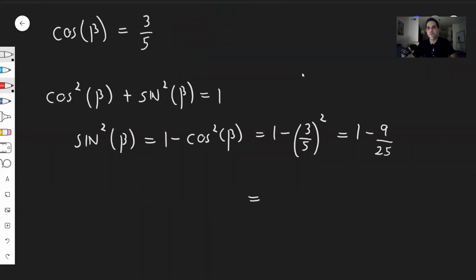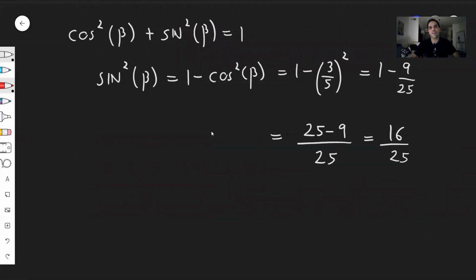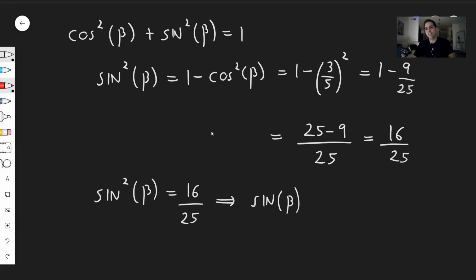And that becomes 25 minus 9 over 25. And that is 16 over 25, which is actually nice. It simplifies. So sine squared of beta is 16 over 25. So again, sine of beta is plus or minus square root of 16 over 25. Again, is it plus, is it minus?